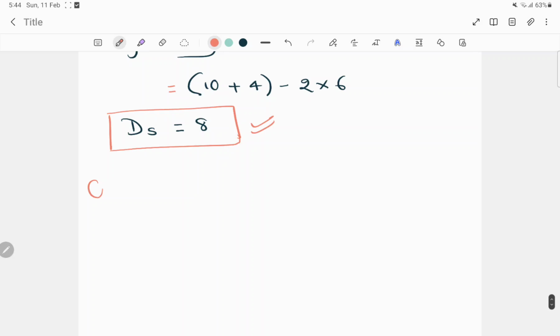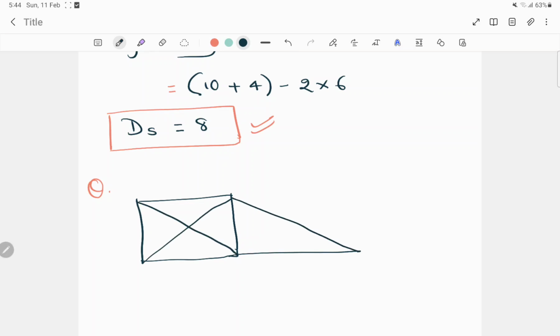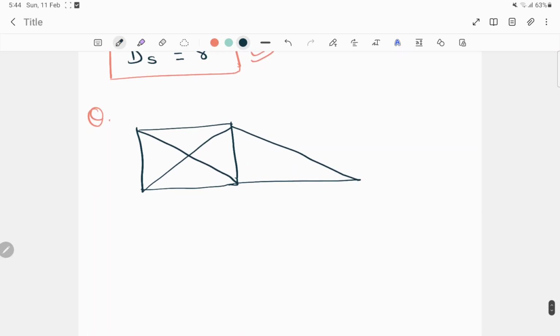Again we'll solve one problem. Suppose here, see, this support is hinge and this end is also a hinge support and it's a roller support. Now we have to find ds.